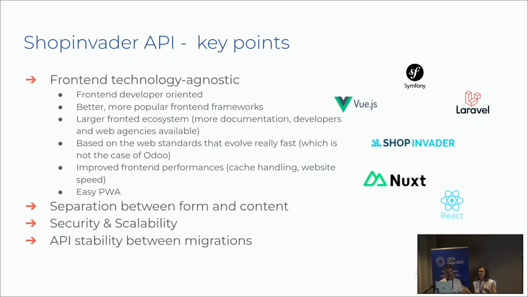You have a Nuxt and VueJs template available on GitHub if you want. It's completely open source, but if you prefer another technology like Symfony, Laravel, React, or whatever front-end technology you or your developers are used to, you can use it to create your own website with your own shopping flows.